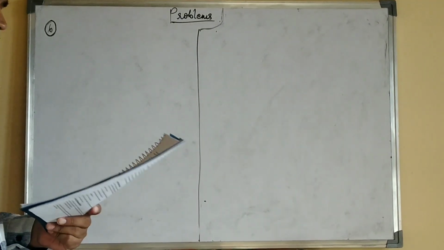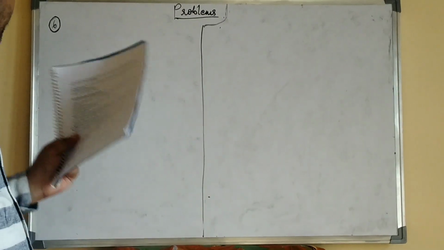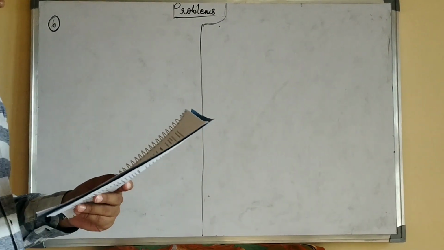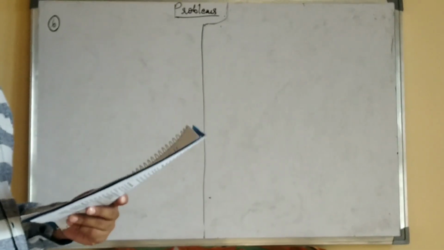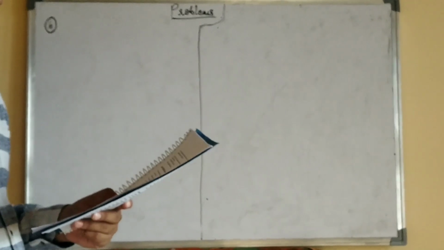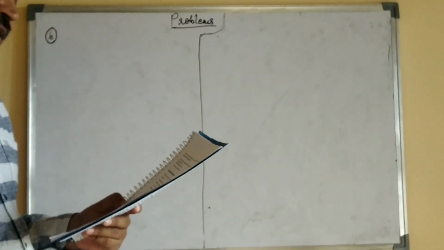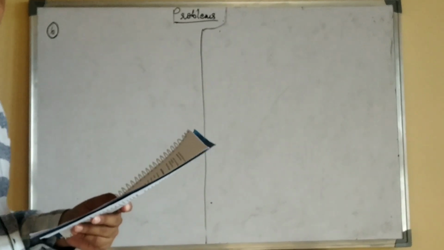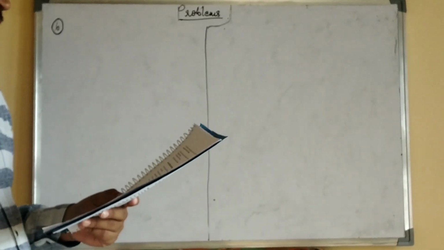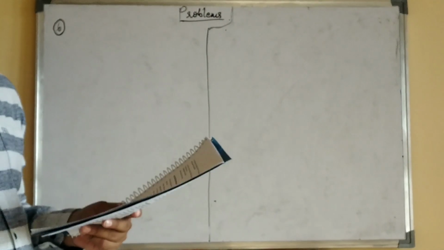Okay students, moving to the next problem, that is sixth problem. This is for 5 marks problem. Find the size, nature and position of the image formed when the object of size 1 centimeter is placed at a distance of 15 centimeter from concave mirror, they have mentioned, of focal length 10 centimeter.